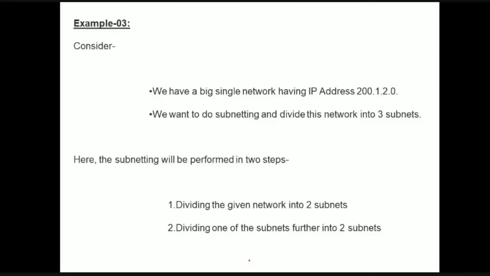If we take 2 bits, we can only represent 4, but we cannot represent 3, right? So for that, first of all, we divide the given network into 2 subnets. And later, we divide either one of the subnets again into 2 subnets. Like that, we can obtain 3 subnets.